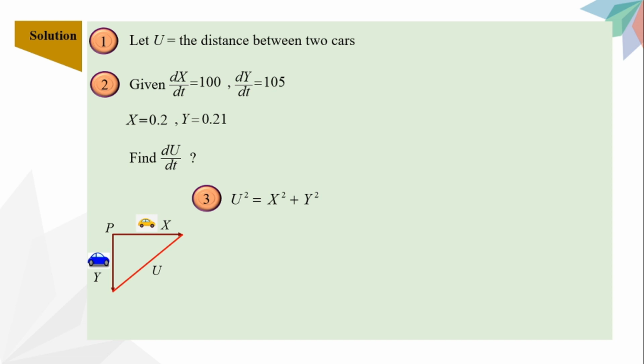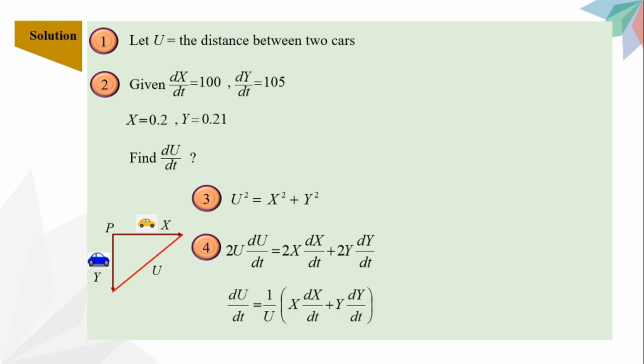Now, we differentiate both sides of the equation with respect to time by using implicit differentiation and obtain 2u times du/dt equal to 2x times dx/dt plus 2y times dy/dt, and express du/dt equal to 1 over u times the bracket x times dx/dt plus y times dy/dt.